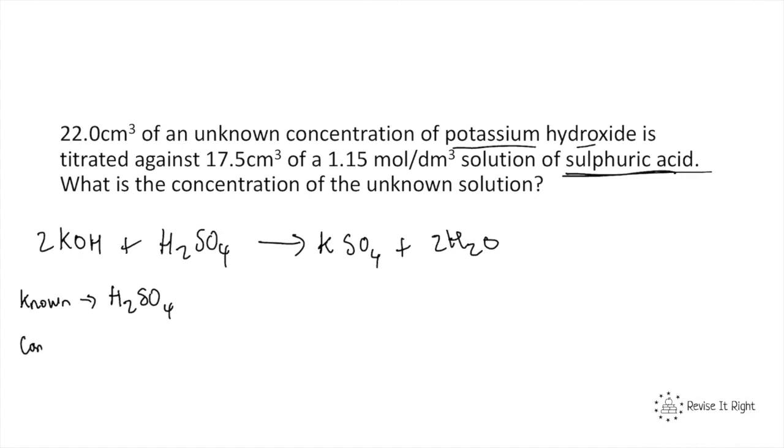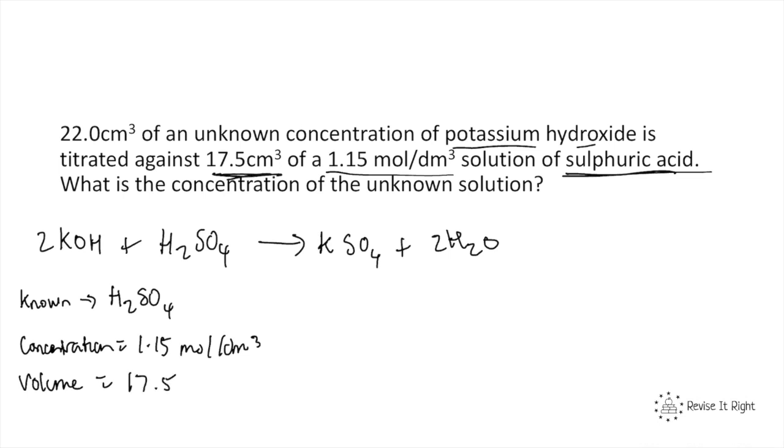Now the concentration of our sulfuric acid, if we look, is 1.15 moles per dm cubed. And our volume is 17.5, so again, we're getting that from the question here. We're going to divide that by 1,000 to get it into decimeters cubed, which gives us 0.0175 decimeters cubed.